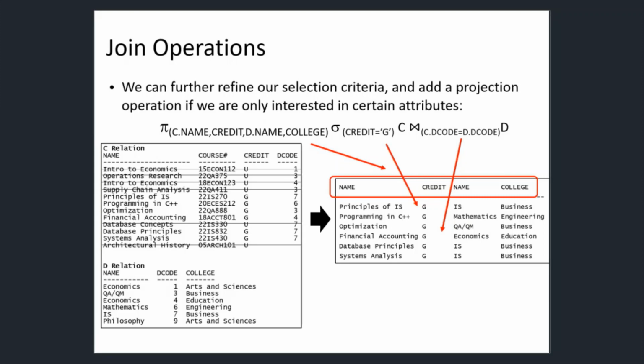In addition, we have joined those two relations on the department code attribute, and so the courses only include department name and college for which the department codes are equal.